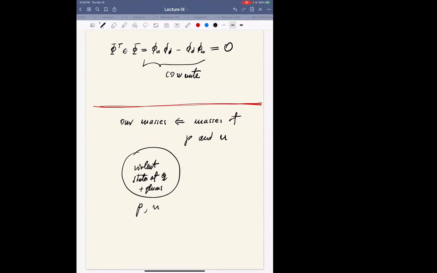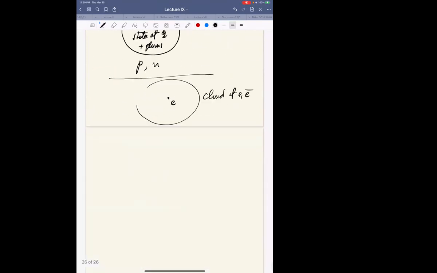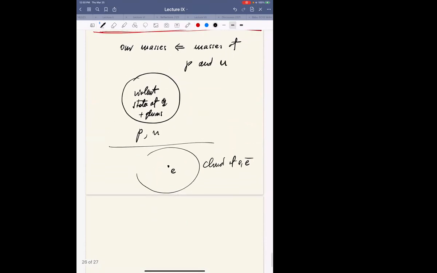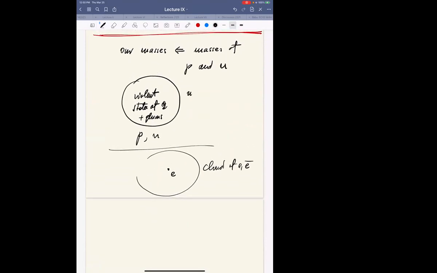You can imagine in quantum mechanics, you can't have just a particle, right? If I have an electron, as you know, around the electron there is a cloud of e e-bar. And so we have these clouds: you have up plus down, and then you have clouds of u u-bar, d d-bar, and all these clouds and gluons.